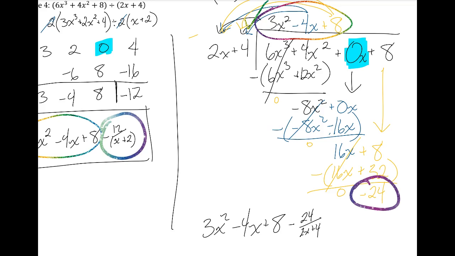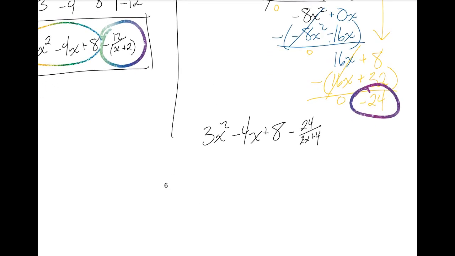But again, I can still simplify that binomial, and I could rewrite it as 3x squared minus 4x plus 8 minus, if I factor out that 2, 24 divided by 2 is 12 over x plus 2, in which case we do see that it still does match up.